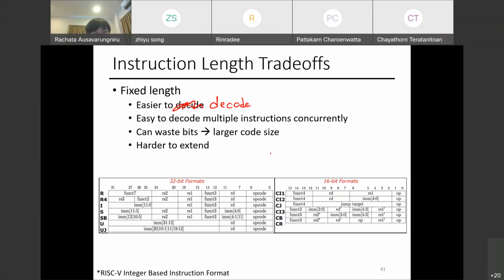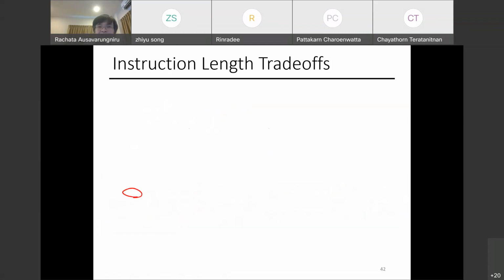If you look at this diagram, there's no don't care here. But if you look at the detail of each instruction, some fields are not used. Like funct7, for example, for add, it's not used. It just uses rs1, rs2, and rd, right? So that's the downside.